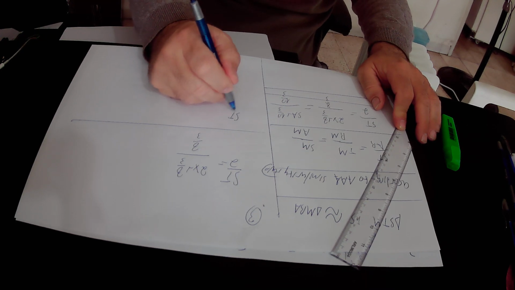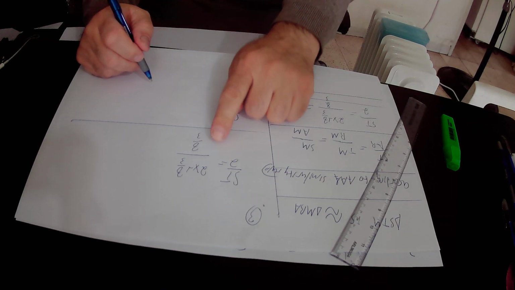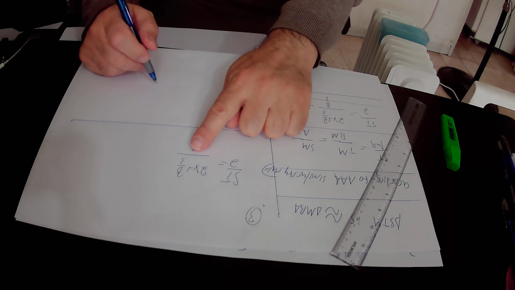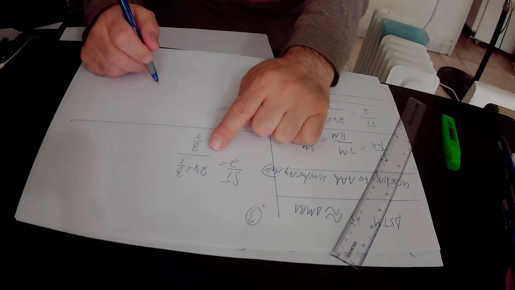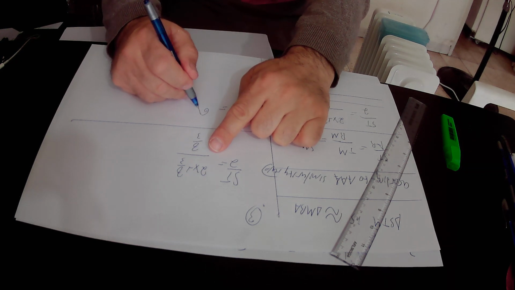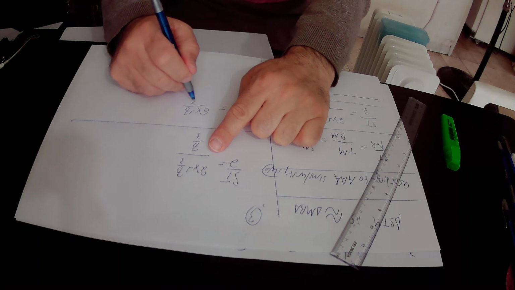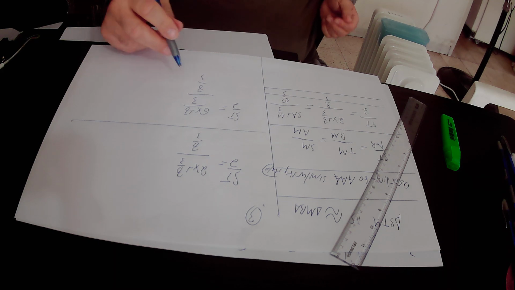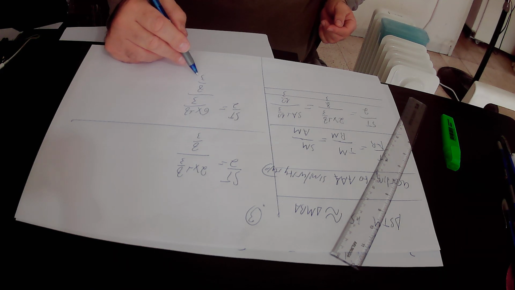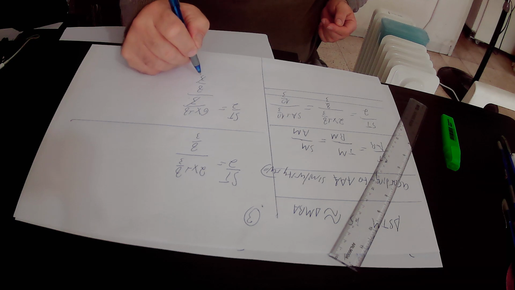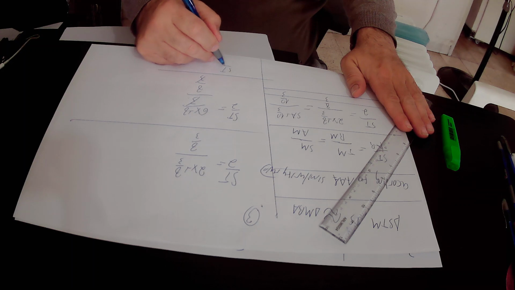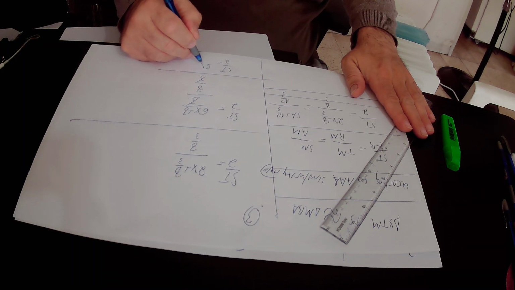So ST over 2 equals, here we will multiply 2x by 3 and then divide it by 3 in order to have a common factor with 8 over 3. So 2x times 3 is 6x plus 8 over 3 divided by 8 over 3. So here we have 3 in the numerator and 3 in the denominator, so 3 will get cancelled and we are left only with ST over 2 equals 6x plus 8 over 8.